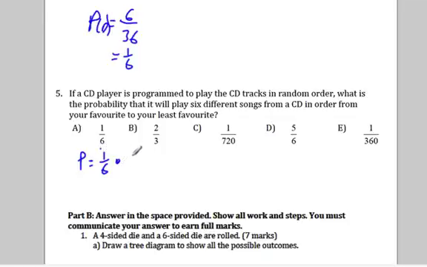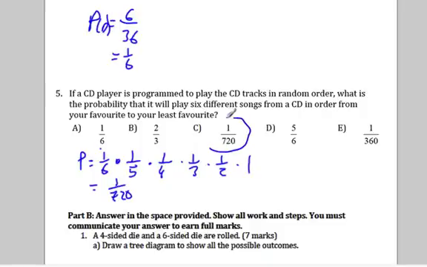Then you've got 5 songs left, so the probability of your second favorite song will be 1/5, and so forth. So your third favorite, fourth, fifth, and your least favorite. And so when you multiply all this out, you get 1/720. So the answer is C.